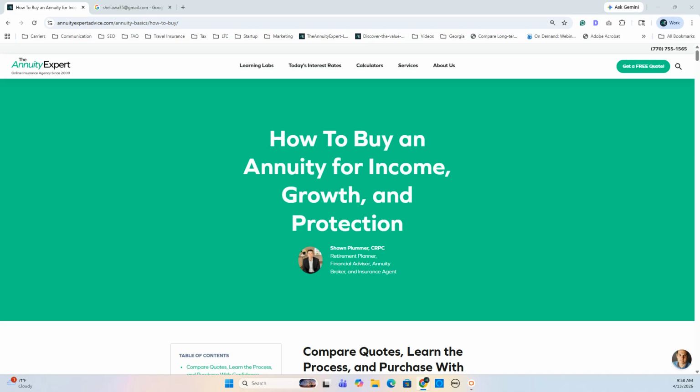What are some scenarios where you can set an annuity up for someone else? Parents sometimes want to get an annuity to pass on money to their children, or grandparents want to set up money for their grandchildren. Annuities do a good job for that.